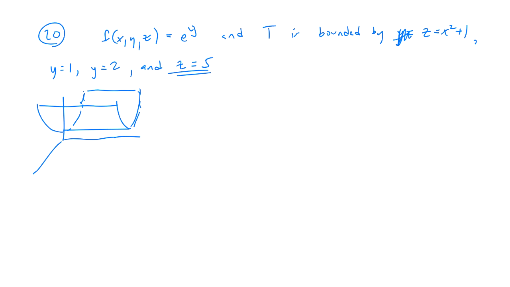And then since y isn't in the function, it just is the whole planar type thing going across. And then at the top, we have z equals 5. So we have a cover. And we make a cut at 1 and 2. So I'm not going to try drawing those, but we're making 2 cuts.